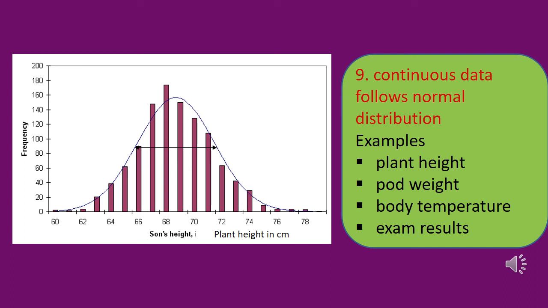Continuous data may have decimal points or fractions, as I described in normal distribution part 1. Examples are plant height, pod weight, body temperature and exam results. Those continuous data follow the normal distribution.